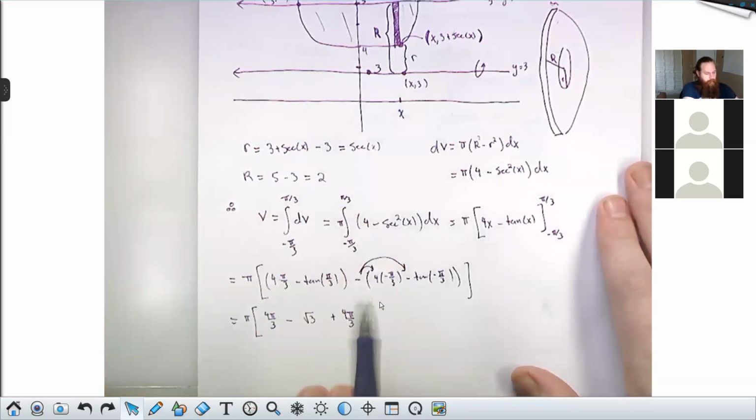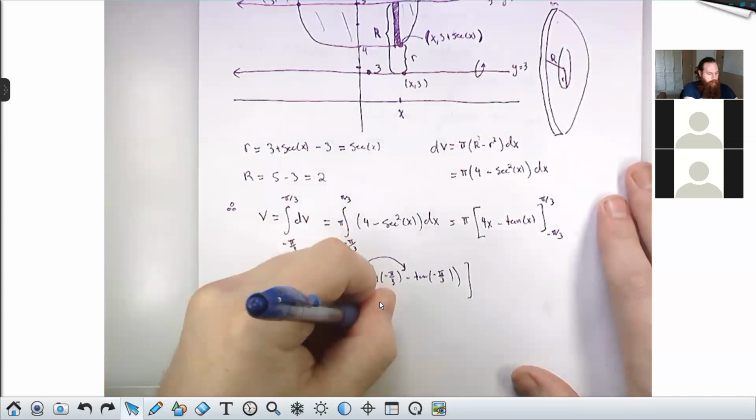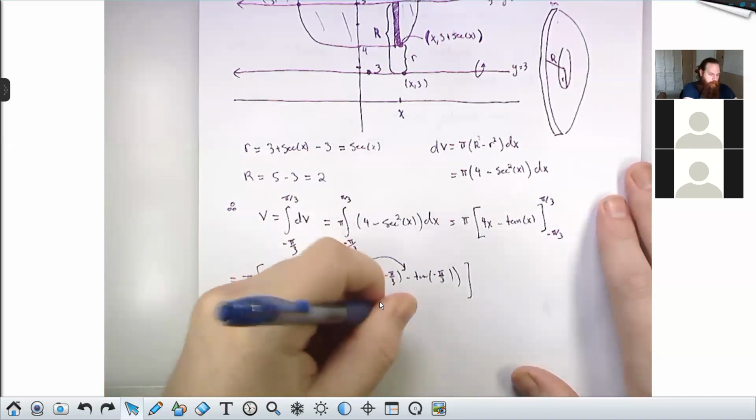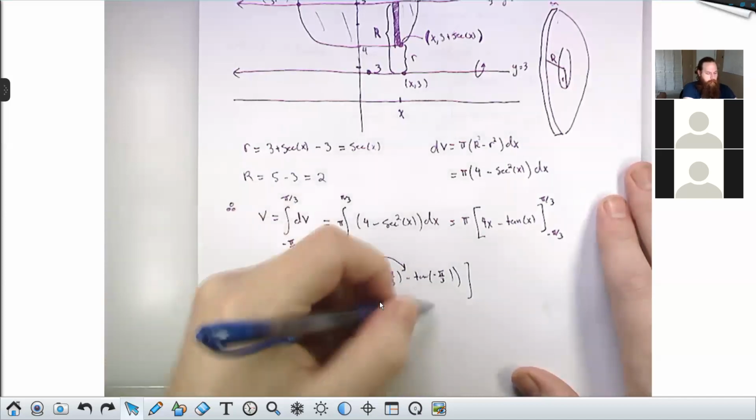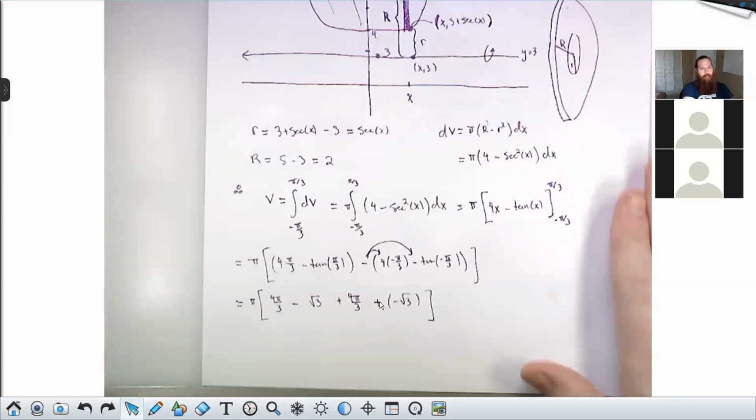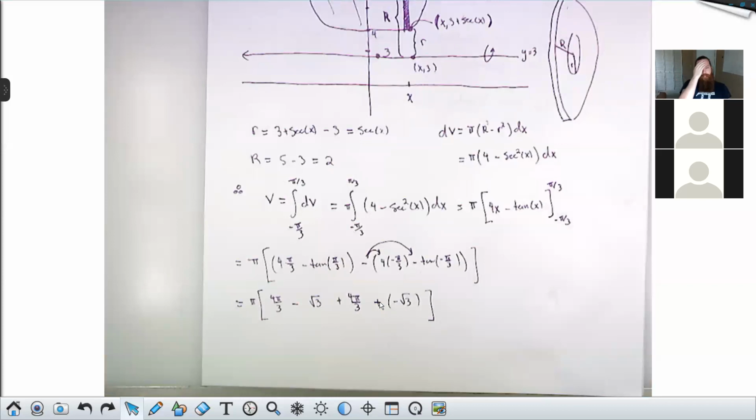And then here I've got two negatives make a positive, and the tangent of negative pi over 3 is negative root 3. So this will be minus, I'll write it as plus negative root 3 to help us see where everything comes from. The tangent of negative pi over 3 is negative square root of 3, and these two minuses make this plus.